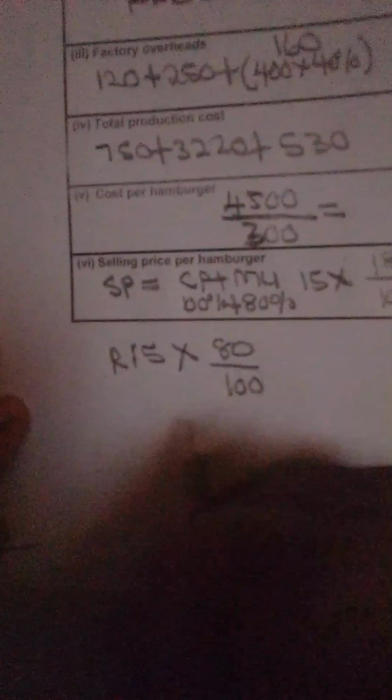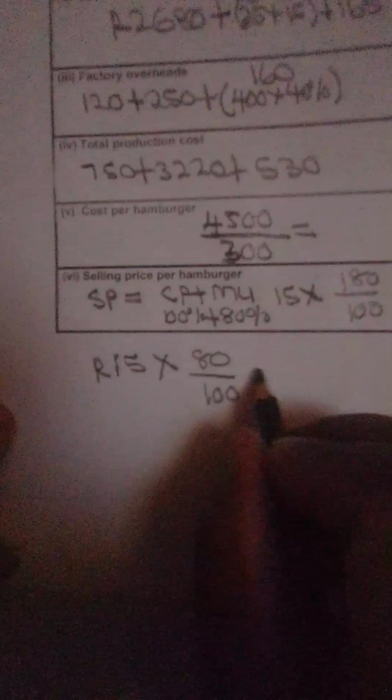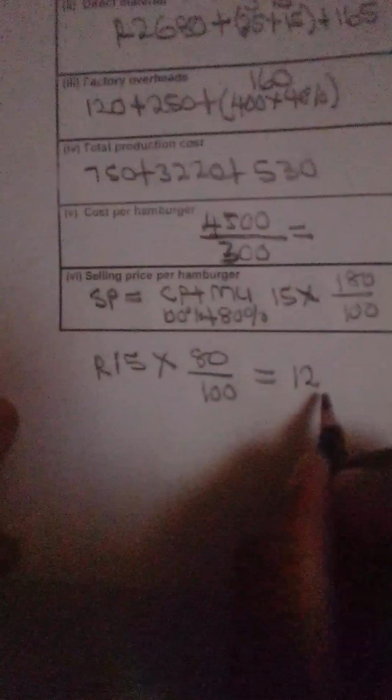Another way of doing this calculation is to say 15 rand, the cost price, multiplied by the markup, which is 80%. 80% of 15 gives us 12 rand, so 12 rand is the markup. Then you say 15 rand plus 12 rand, which will also give us 27 rand.